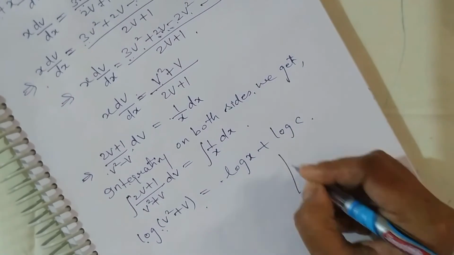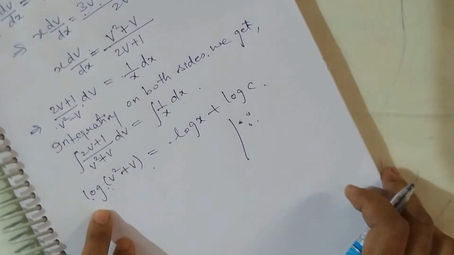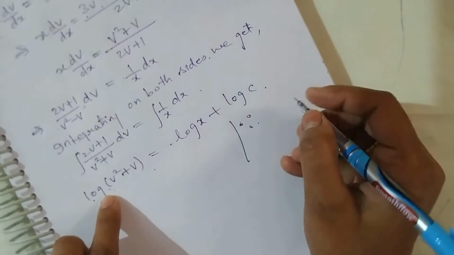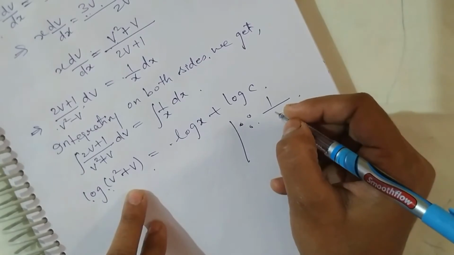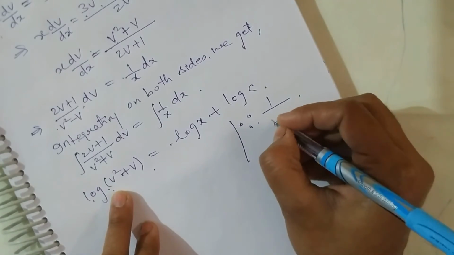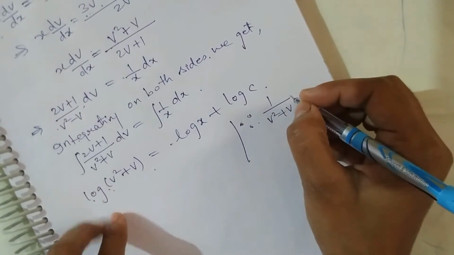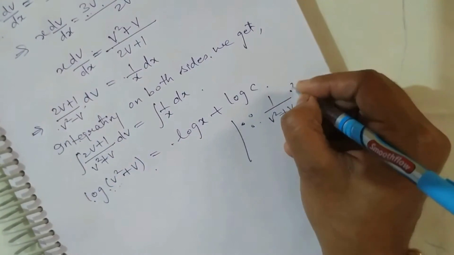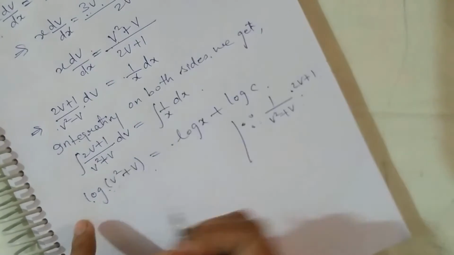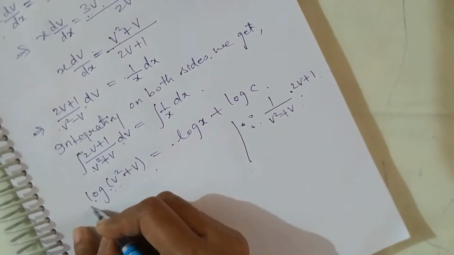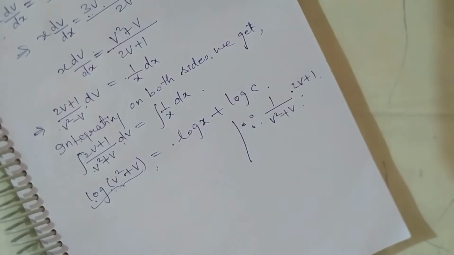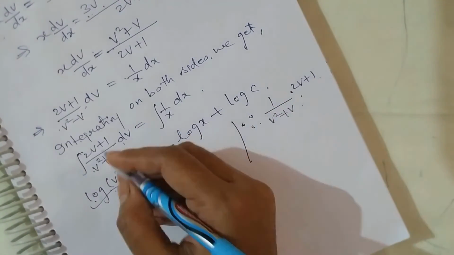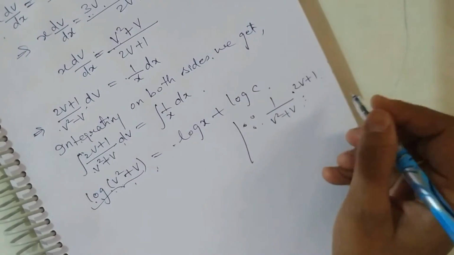Since we know that differentiation of this is 1 upon v square plus v and differentiation of v square plus v is 2v plus 1. Therefore, integration of this is this. On simplifying this, we get this term.